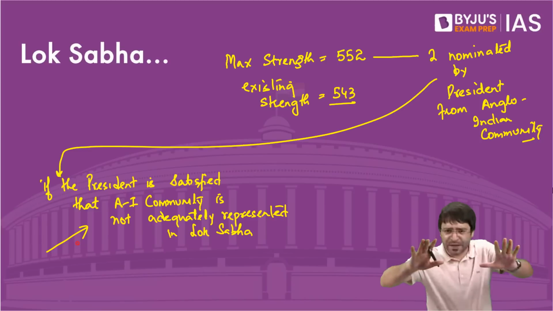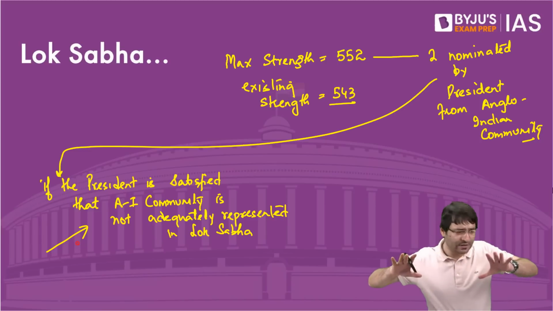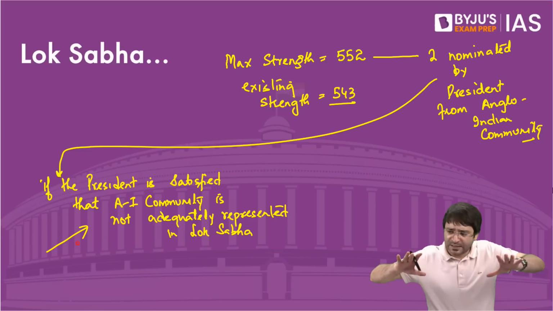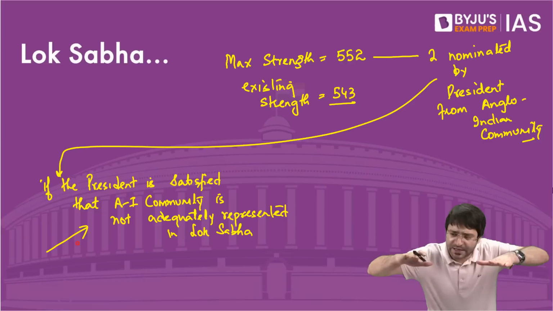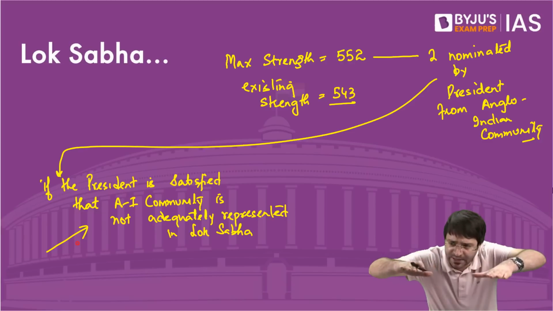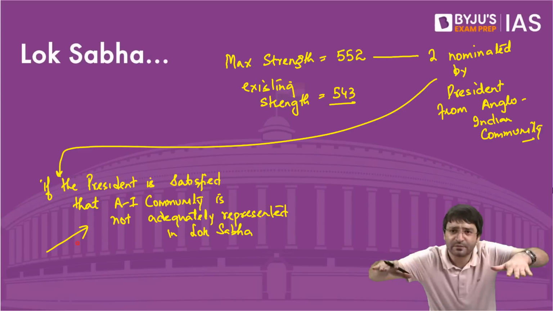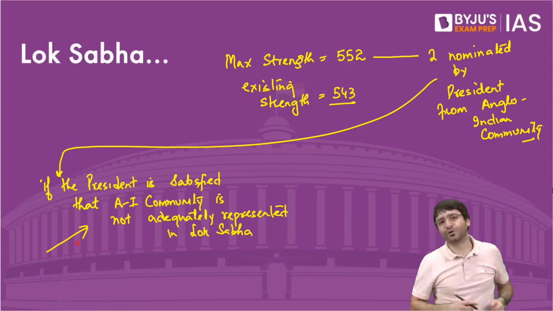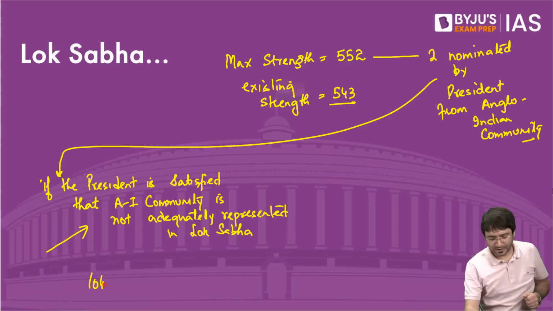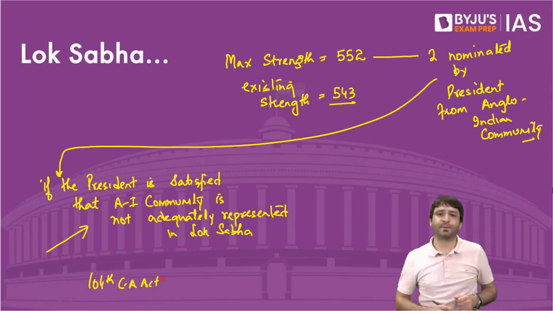But be that as it may, Anglo-Indian reservation, like that for SCs and STs, used to continue for 10 years, but kept on getting extended. Then came 2020, where this reservation was to end. The government decided, let's have an amendment to the Constitution. The 104th Constitutional Amendment Act was passed by the Parliament.